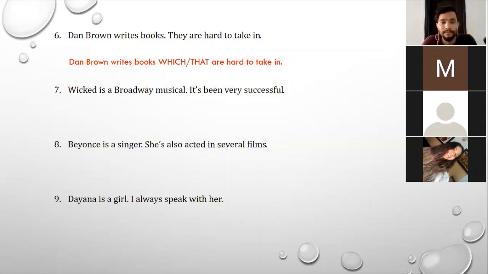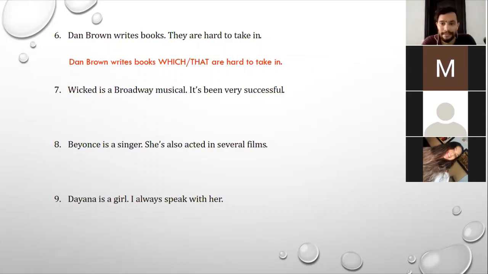Which are hard to take in. Great. And is it object or subject? Subject. Defining or non-defining? Defining. All right, great. Number 7. Wicked is a Broadway musical. It's been very successful.